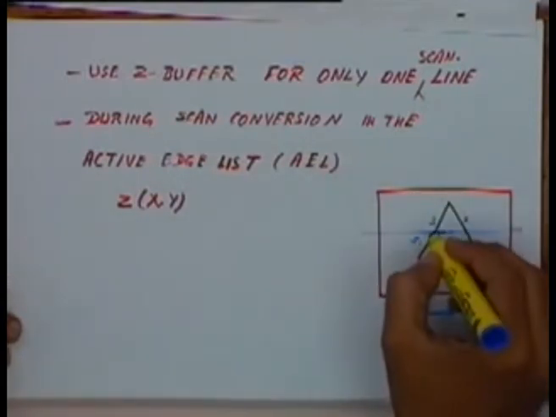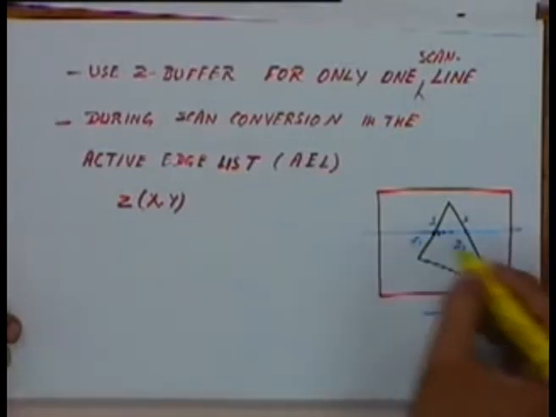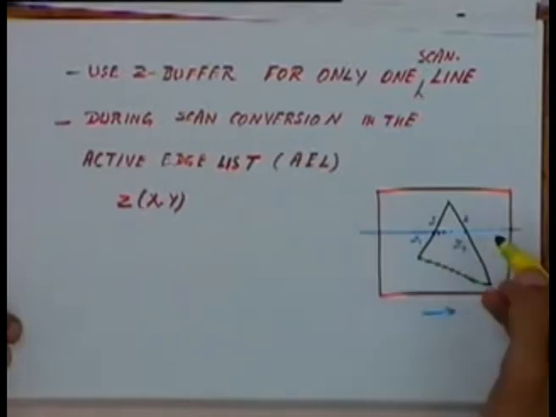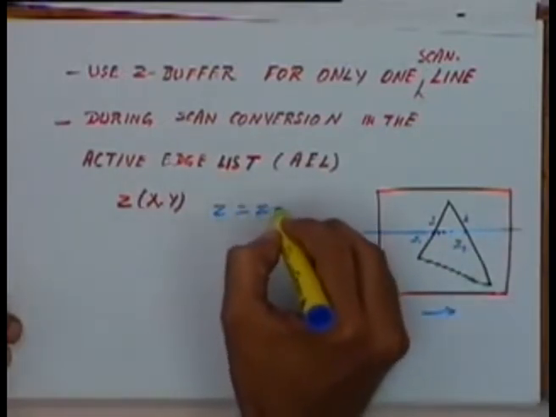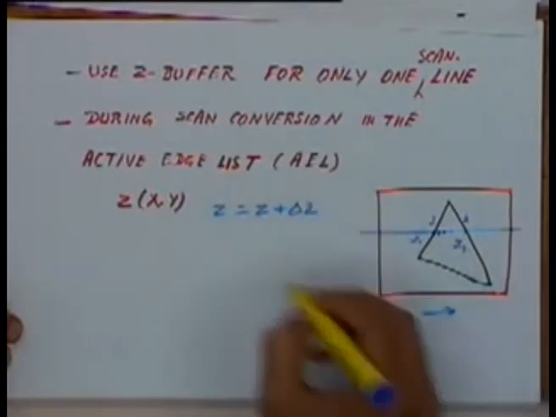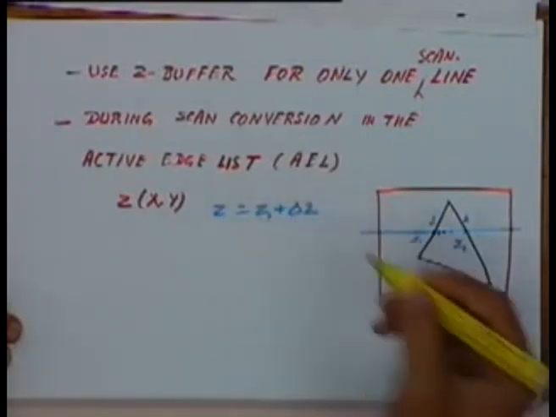So if we know the z value at the edge, then the z value for the next pixel can always be calculated just by saying z will be equal to z plus some delta z. Z will be equal to z1 plus delta z.